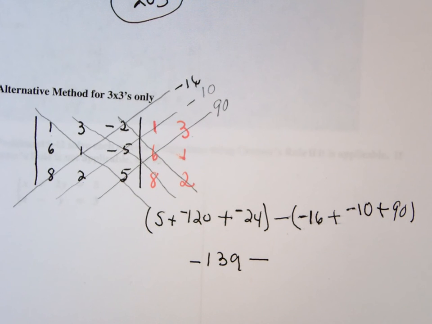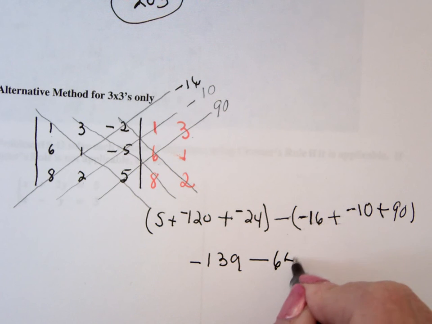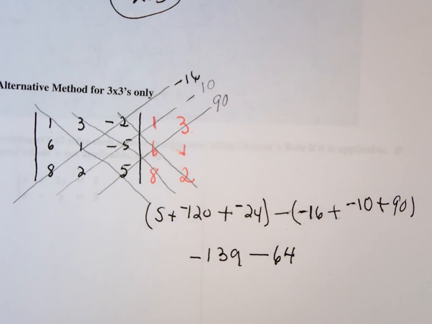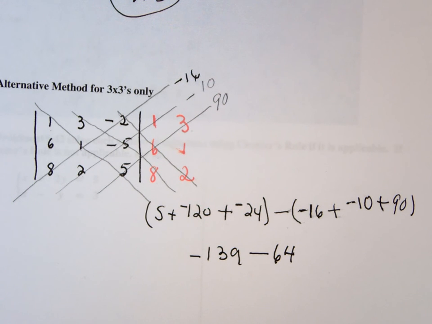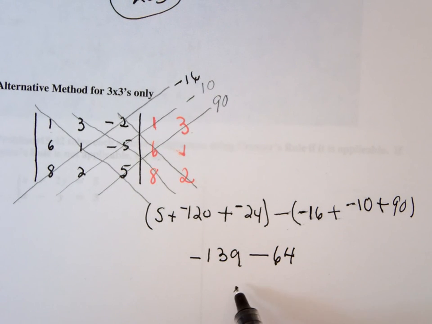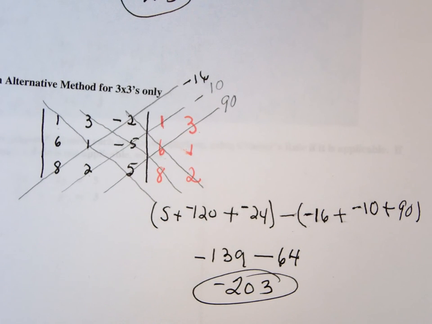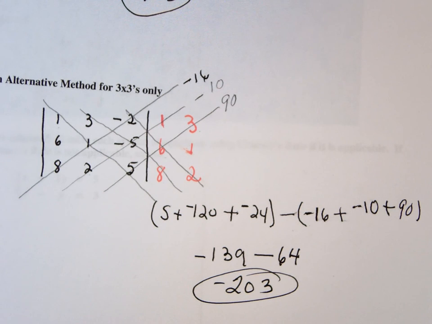And then -16 plus -10 plus 90 is 64. Woohoo! And then -139 minus 64 is? But this only works for 3 by 3s.